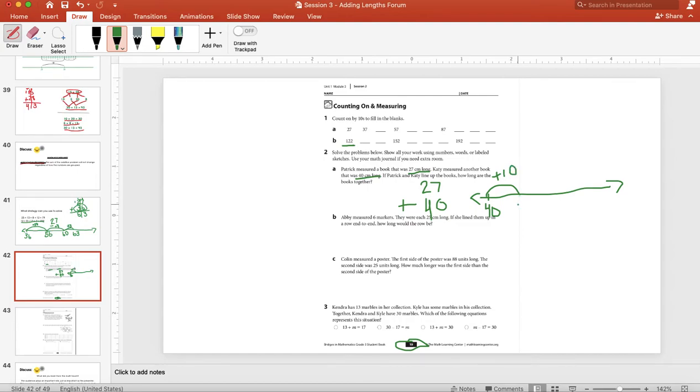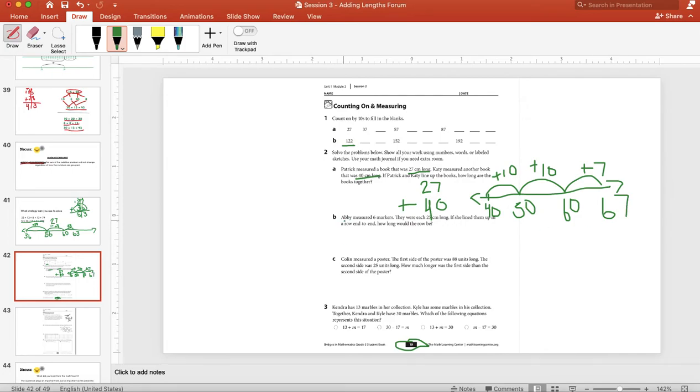And then that would bring you to 50. And then plus another 10. That would bring you to 60. And then you would add another 7. Okay? And then you would get an answer of 67. So letter A is done for you.